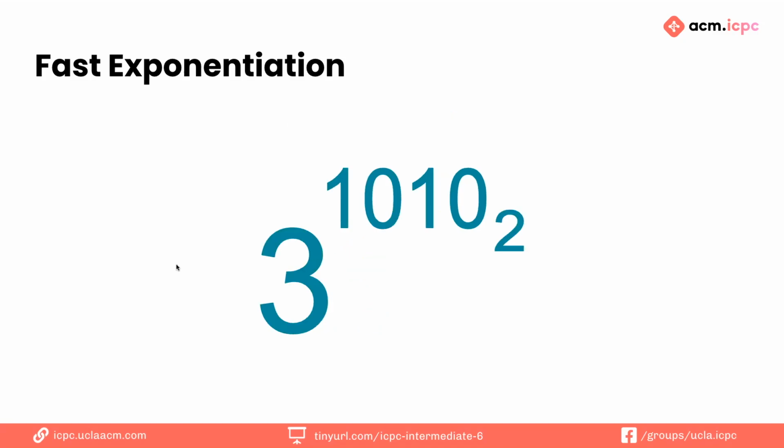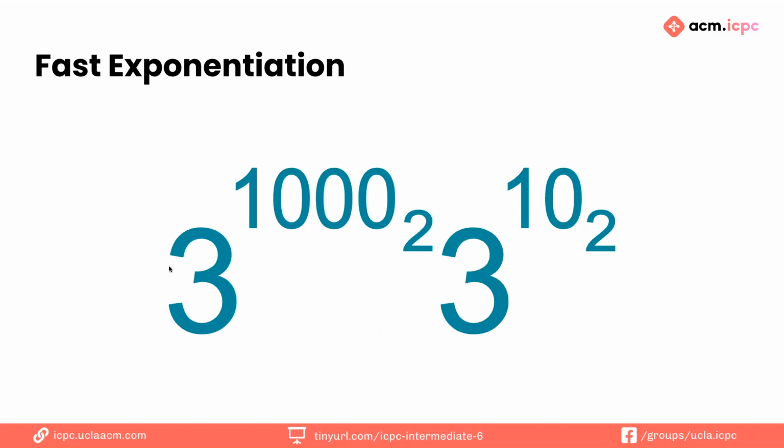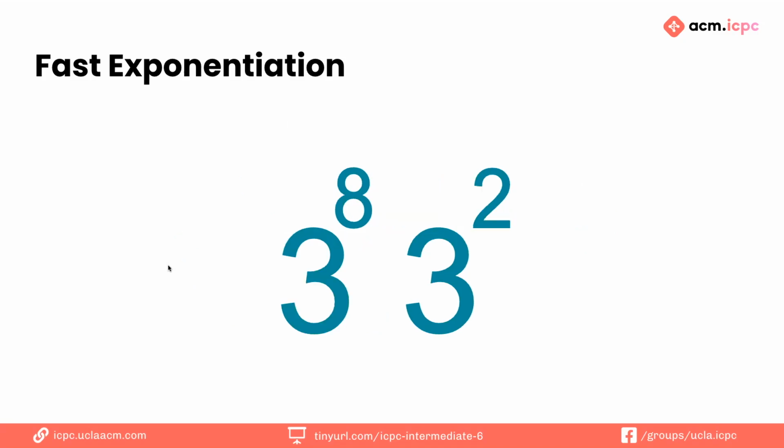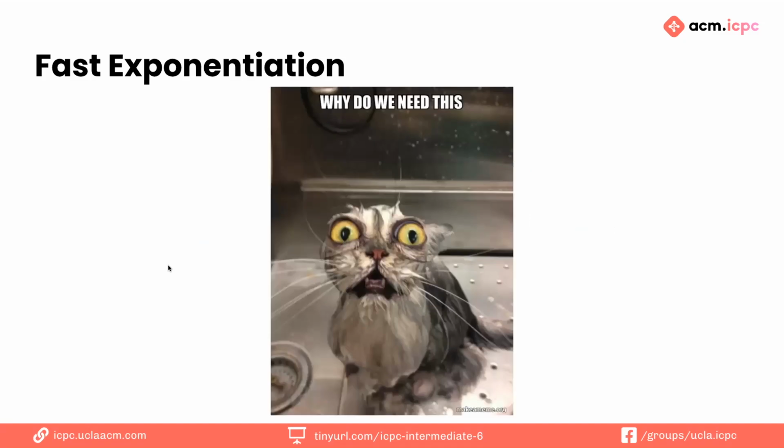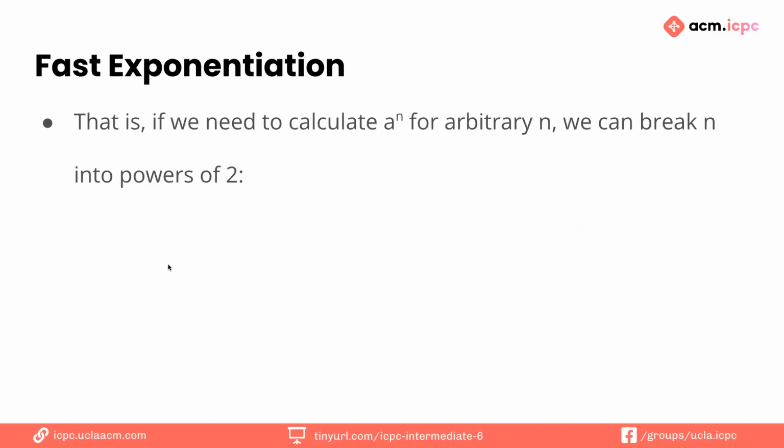First, we write 10 in binary, which is 1010, which equals 1000 plus 10. Then we split it into a product of powers of 2, and then we write it in decimal. So why do we need that? If we need to calculate a to the nth power, then we can split n into powers of 2.